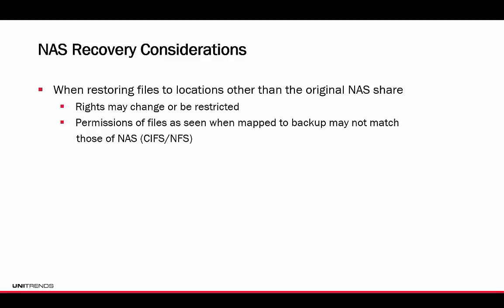When you restore the entire NAS as the entire root, then yes, the permissions will map back. But if you restore to different, alternate locations, sometimes those permissions don't map back correctly and they don't match. So be careful of that and just notice that. You may have to go back in and reset some of those permissions when you recover any NAS type of data to different locations.